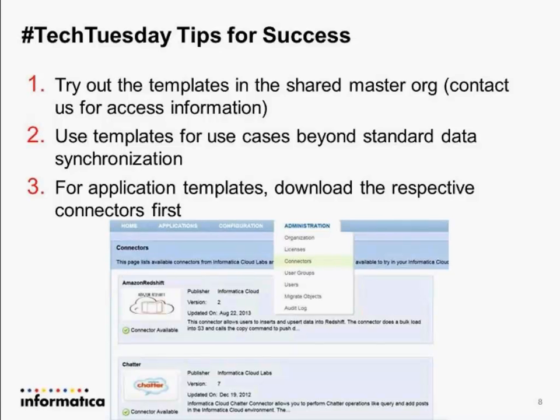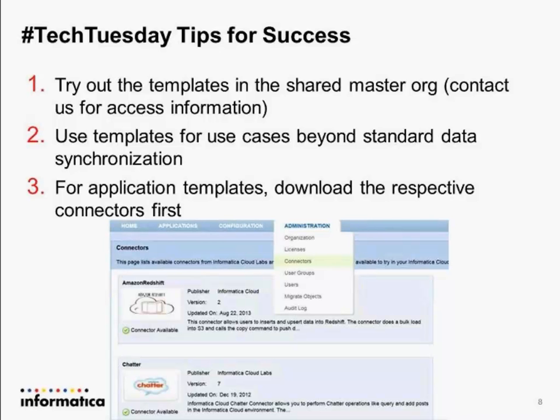You would use templates whenever you have use cases that go beyond standard data synchronization. So if you have multiple sources, multiple targets, and complex joiner conditions or filter conditions, that's when you would use templates.